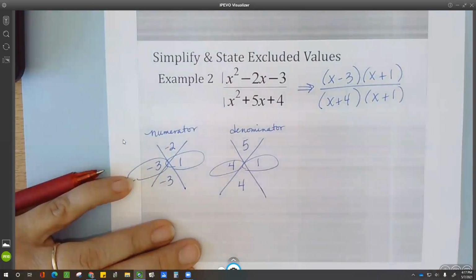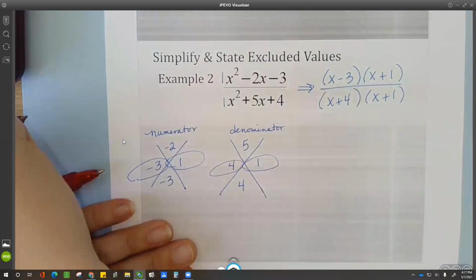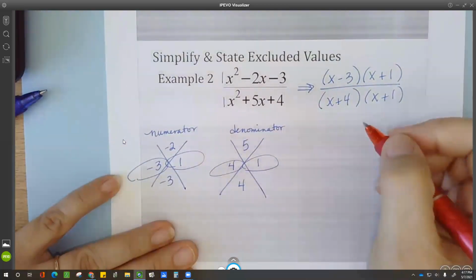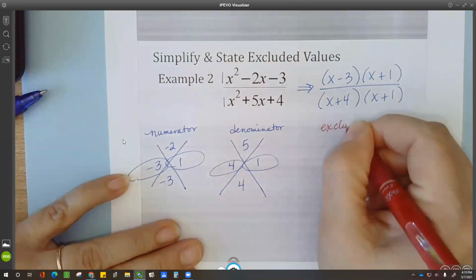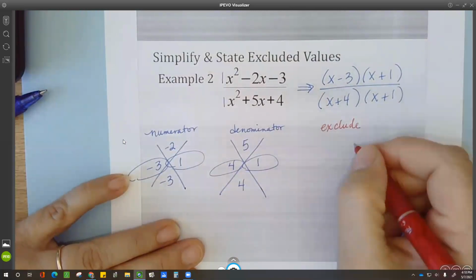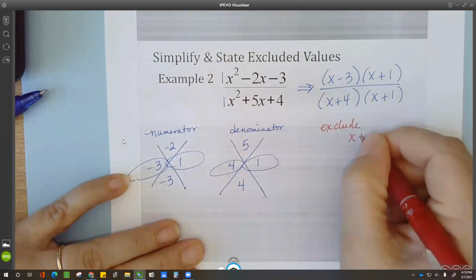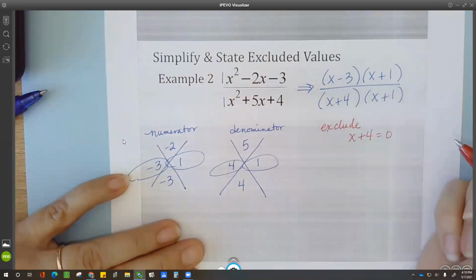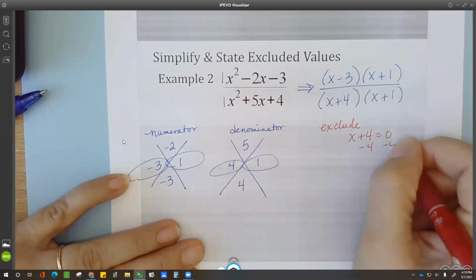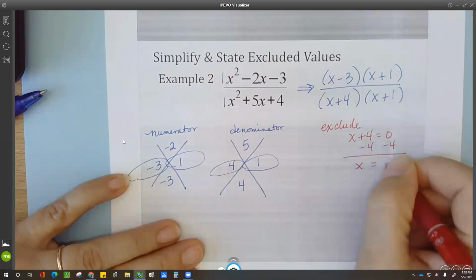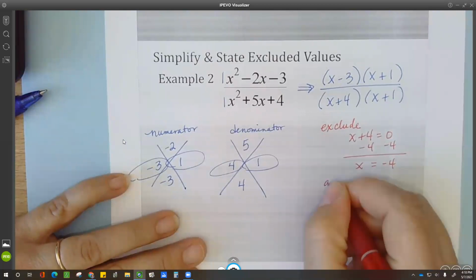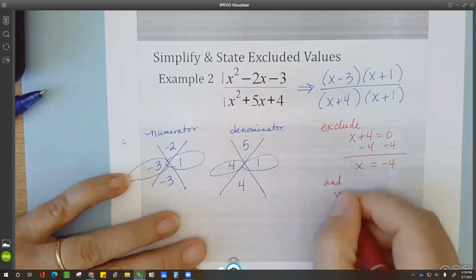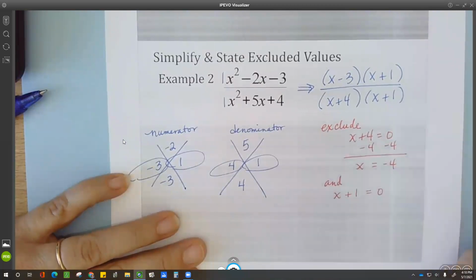But before I reduce this fraction, canceling the common factors, I need to know what to exclude. I'll have to exclude whatever makes x plus 4 equal to 0. So x cannot be equal to -4. And whatever makes x plus 1 equal to 0.